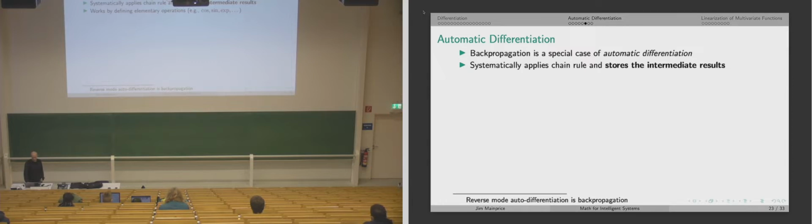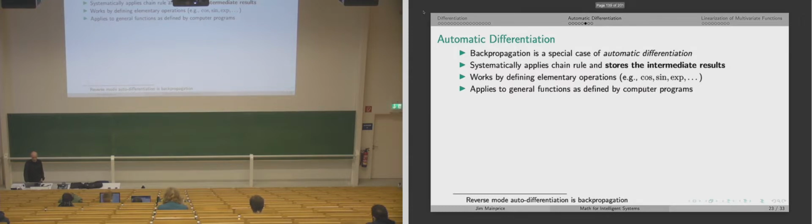It works by defining elementary operations, such as cosine, sine, exponential, and all that stuff, and having an analytical gradient for each of those. Those are generally called operators, and it applies to general functions as defined by computer programs as well, like if you have if-else things like that.